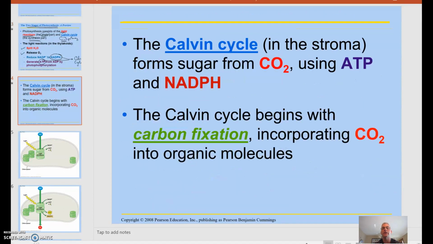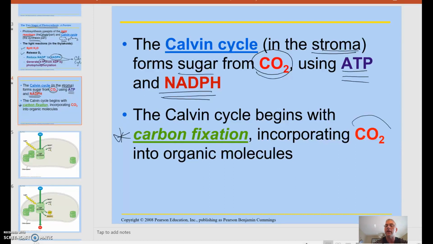If you think about the Calvin cycle, remember that this is going to be in the stroma. And I will definitely take you through a review chart of how the Calvin cycle happens. But they're going to take in the investment of carbon dioxide as well as the energy that we've organized in the form of ATP and NADPH. And they're going to execute what's referred to as carbon fixation.